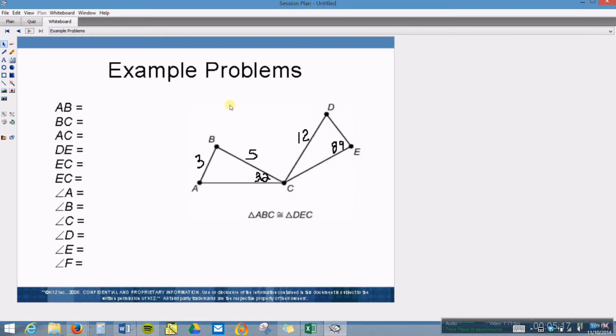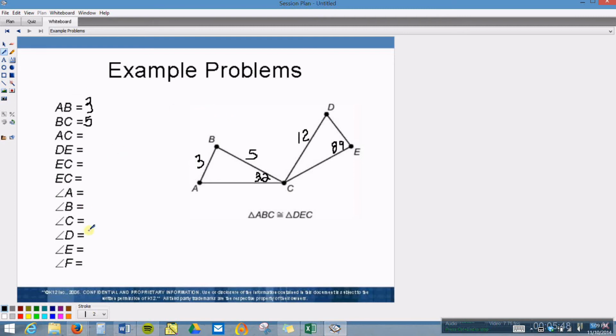Alright, so I gave you some information, and I told you that AB was 3, and I told you that BC was 5, and I told you that DC was 12.